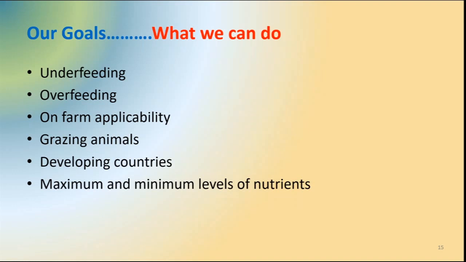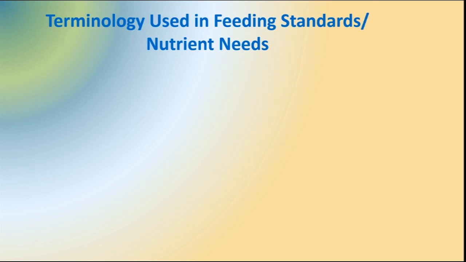Then again, the maximum and minimum levels of nutrients must be given due consideration, because corn available in one area of the country has a slightly different chemical composition than that available in another part of the country. So we have to consider the minimum and maximum level of nutrient for that particular feedstuff in a particular country while formulating the diet.